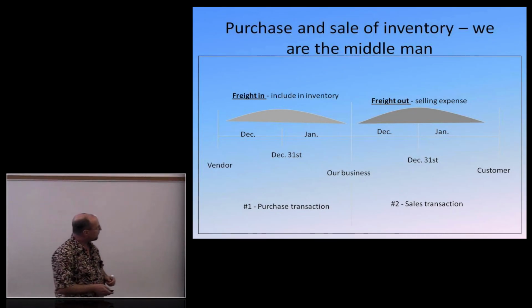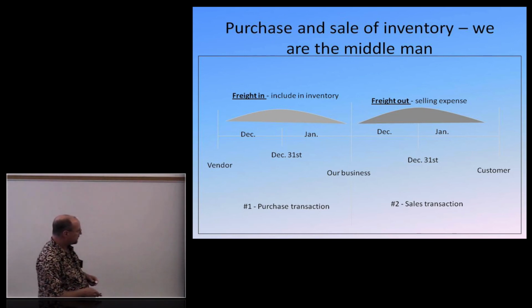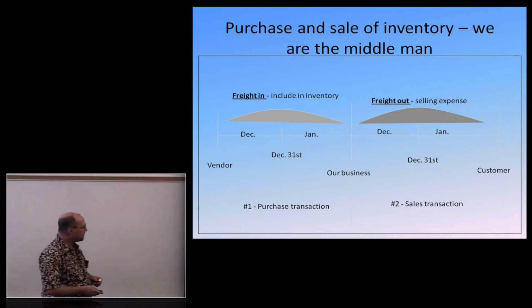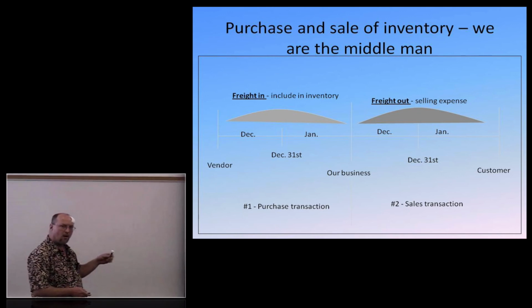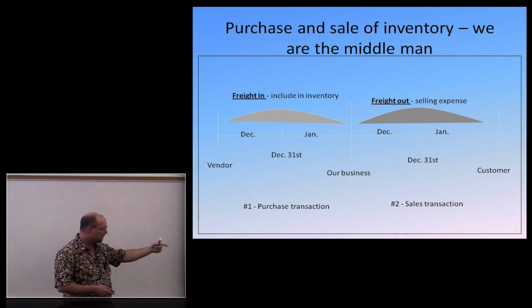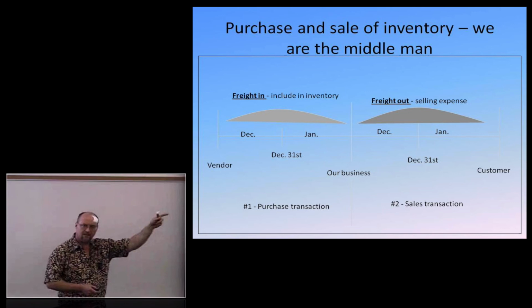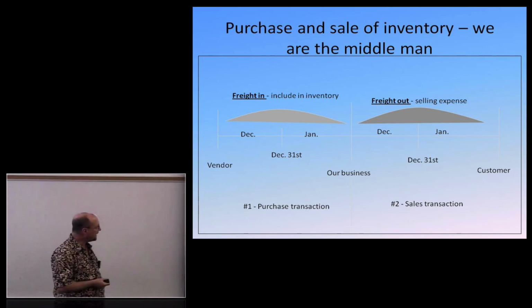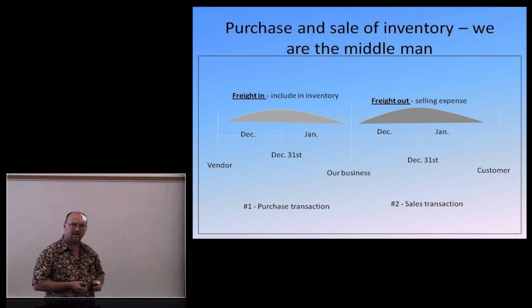Okay? Now, we have two transactions. We have a purchase transaction and a sales transaction. We are in the middle. Look at the slide. On the left, we see our vendor or supplier. We buy inventory from them. Then we sell the inventory to the customer. So we're the middleman. Okay? We buy inventory from the vendor. We sell inventory to the customer.